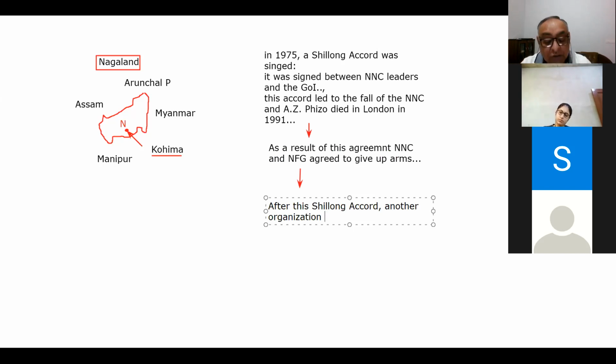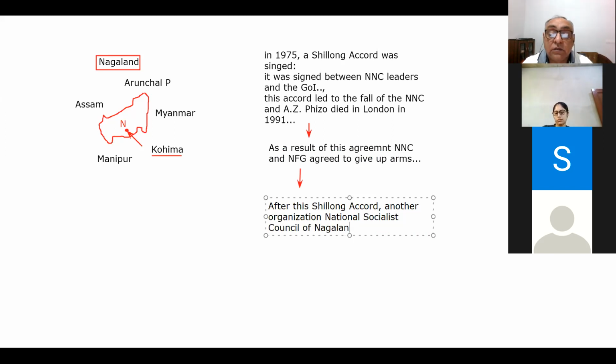National Socialist Council of Nagaland. So NSCN was formed.